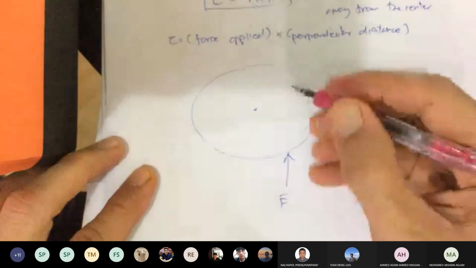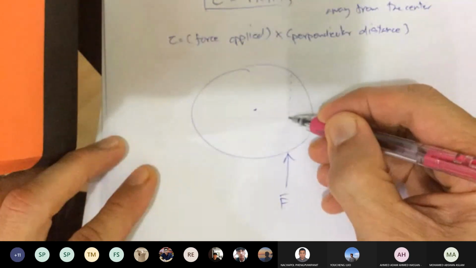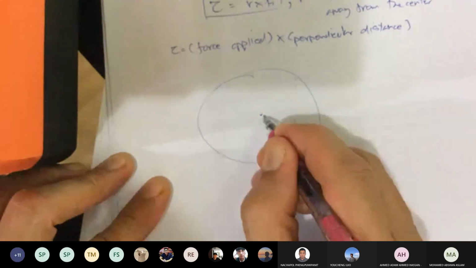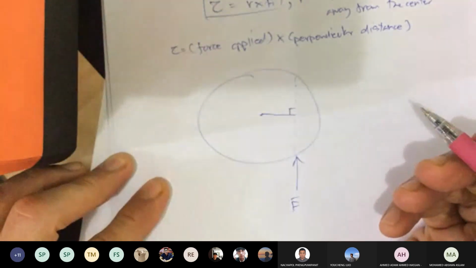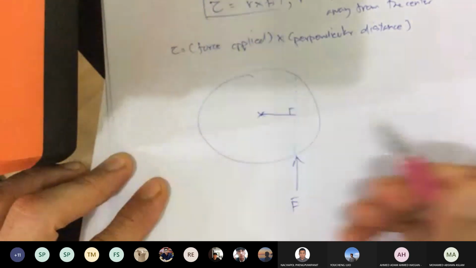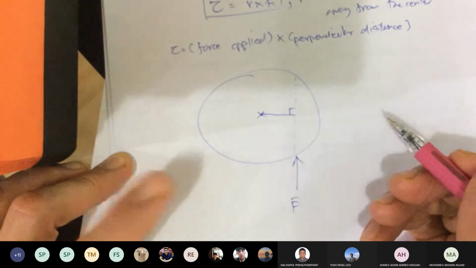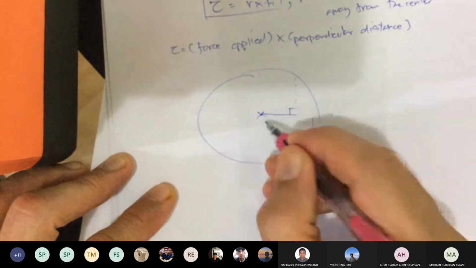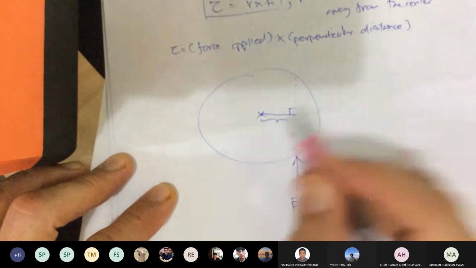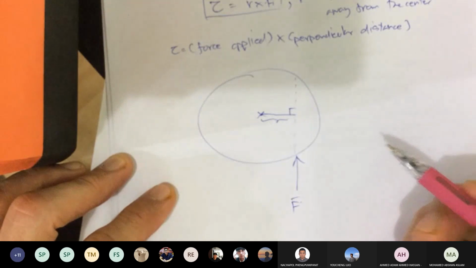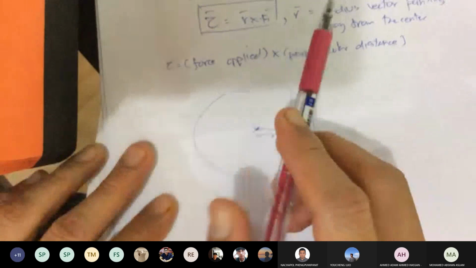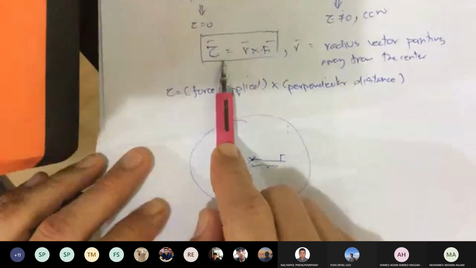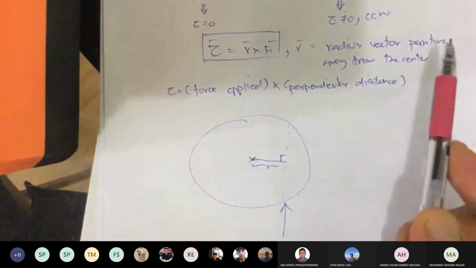If I draw this through the line of action, this is my perpendicular distance from the center. So I know some values here, I know the distance, and I get the magnitude of the torque. Okay, but the more fully covered equation is this one, R cross F.